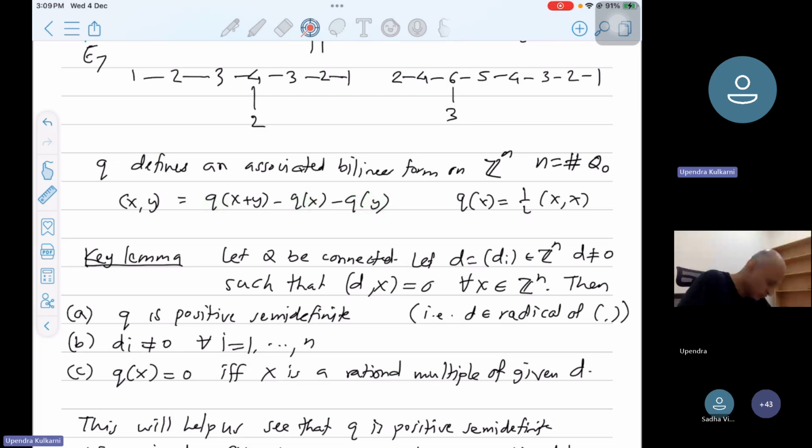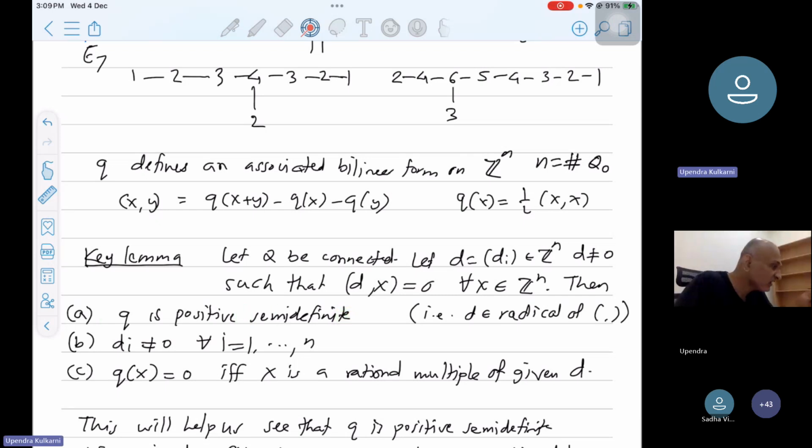We will soon write down an explicit formula for this. I think that may be better. So what this lemma is saying is that if I am able to find a vector D such that its bilinear form with every x is 0, then that is enough to show that the quadratic form is positive semi-definite.